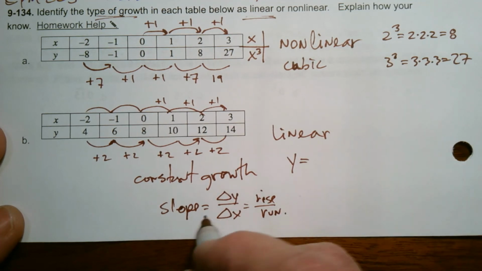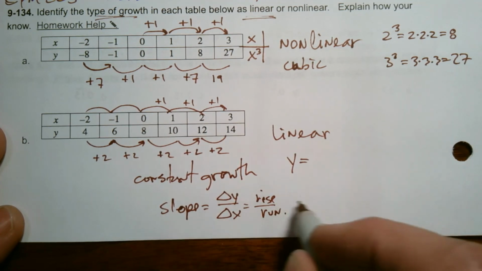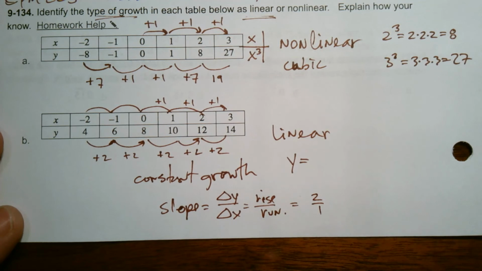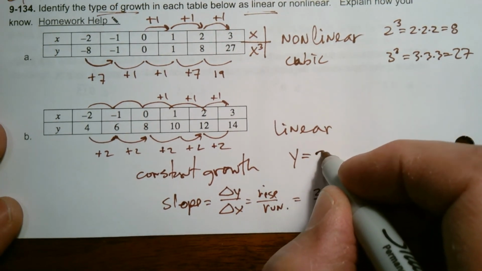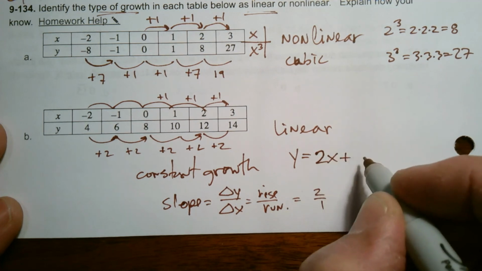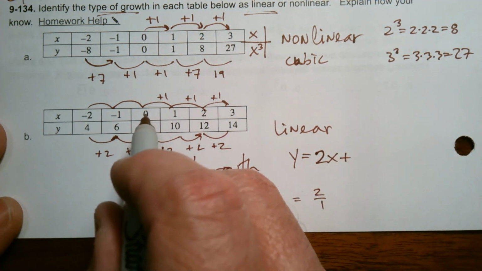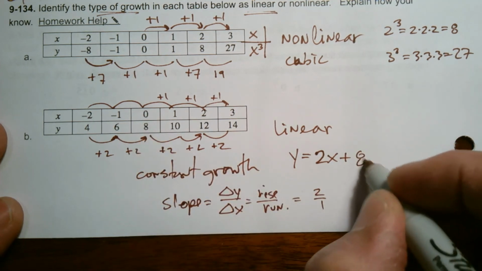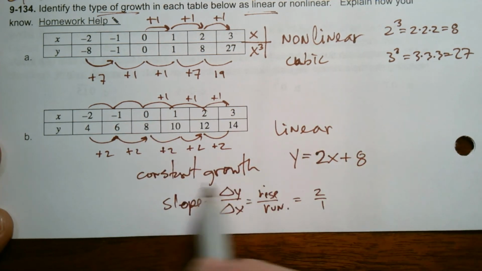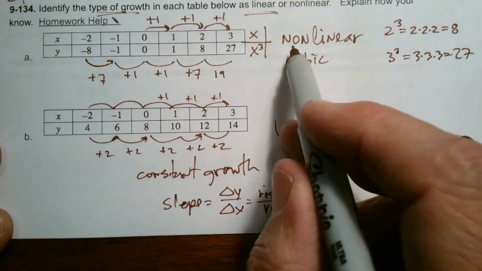So my slope in this case is 2 over 1, or just 2. So when I write my equation, that's y equals mx plus b, so my m is 2, and b is the y-intercept, and it looks like the y-intercept is listed. That's where x is 0, so plus 8. So I have a linear, constant growth with that rule.